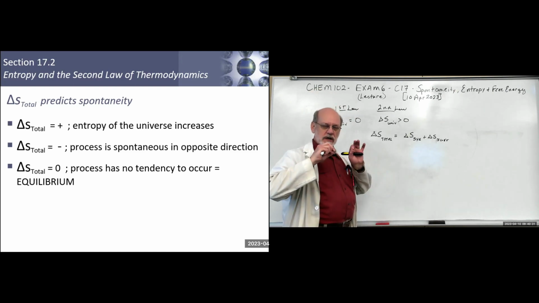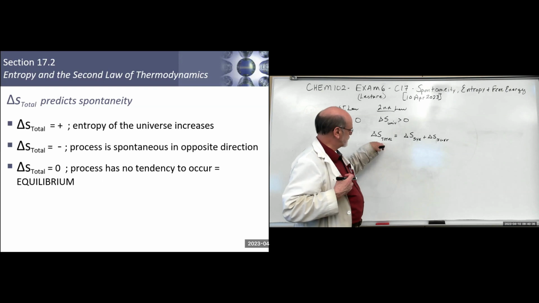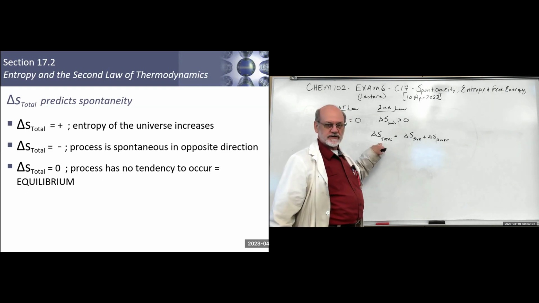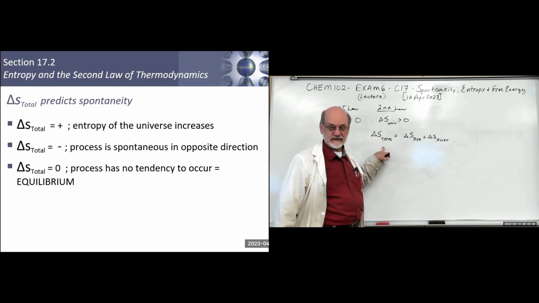So to predict spontaneity, if the delta S total is greater than 0, then we're predicting that the entropy is increasing and the process is spontaneous.